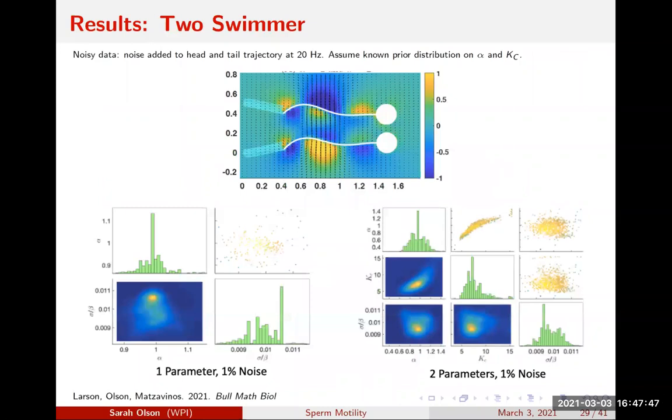We were really interested in trying to understand if I had some swimmers that could attract and synchronize, if I had really crude data of just head and tail trajectories, would we be able to also back out different parameters?